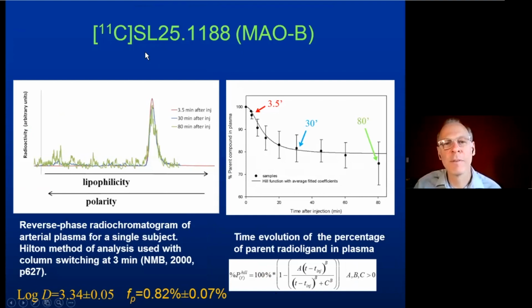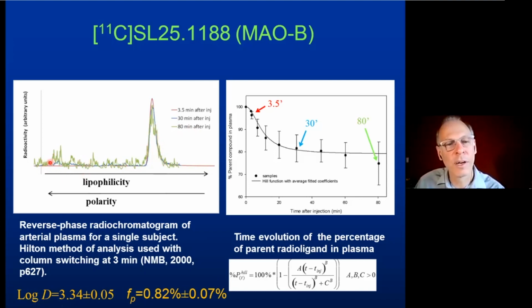However, sometimes the samples have very low activity and the percent of parent compound in plasma is very difficult to determine. For example, the green line here shows the output of the HPLC for carbon-11 SL25, which is a radioligand that binds to monoamine oxidase B. We can see that there is so much noise in the sample at 80 minutes that it is very difficult to determine the area under the peak and the area under the curve.